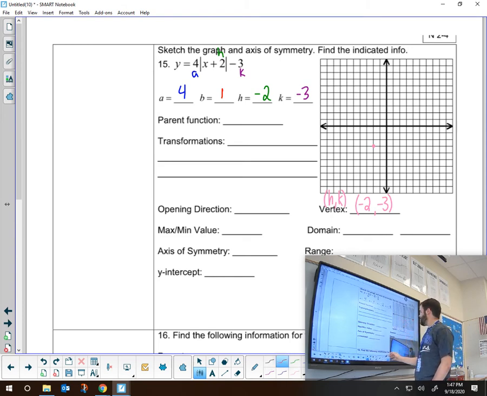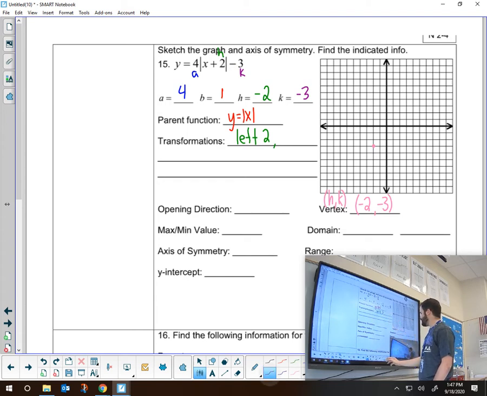My parent function is always going to be the same. It's y equals the absolute value of x. But before we talk about anything else, let's talk about our transformations. My H tells me that we're going to go to the left 2.